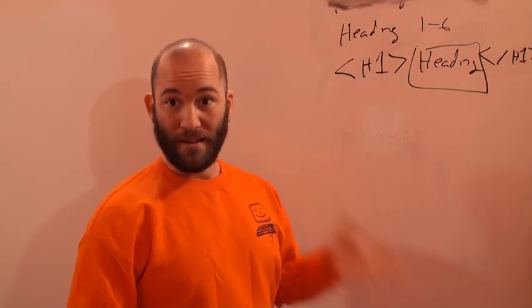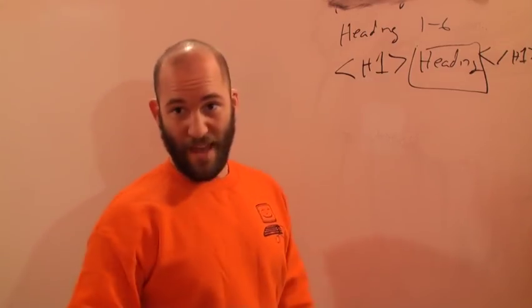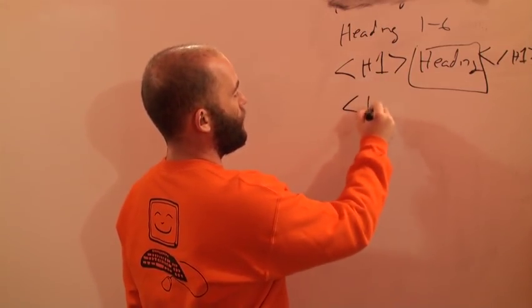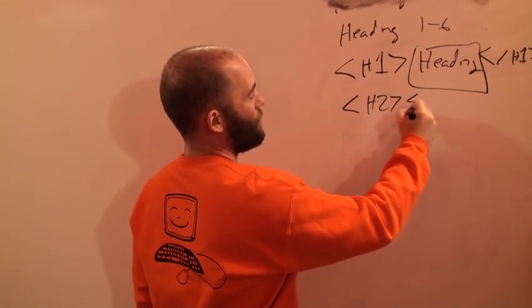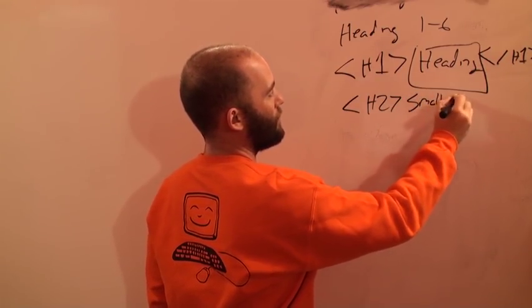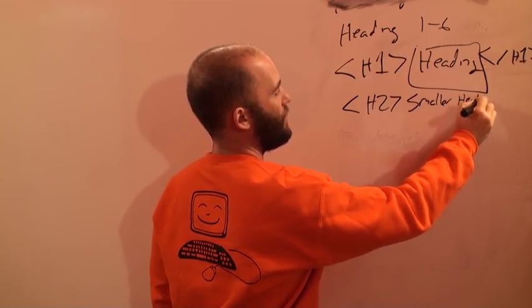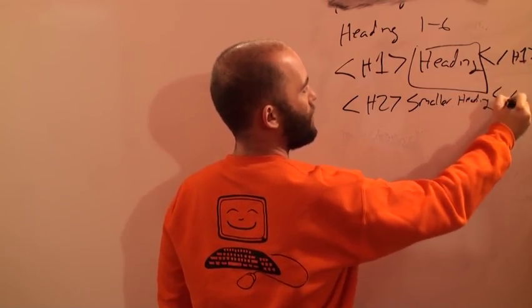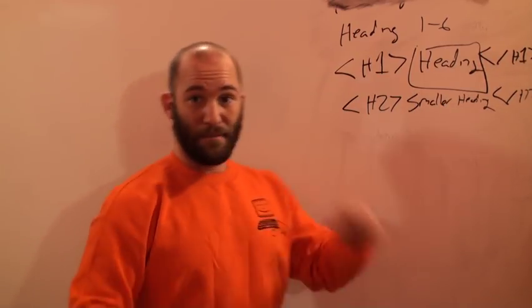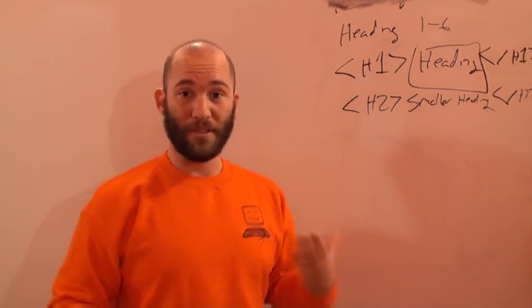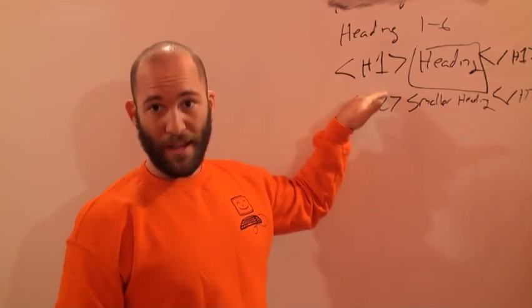Then if you want a subtitle, let's say H2, you would open the H2 tag, that'd be, let's say, a smaller heading, and then you close the H2 tag. Again, it's bigger and bolder than normal text, but it's smaller than H1.